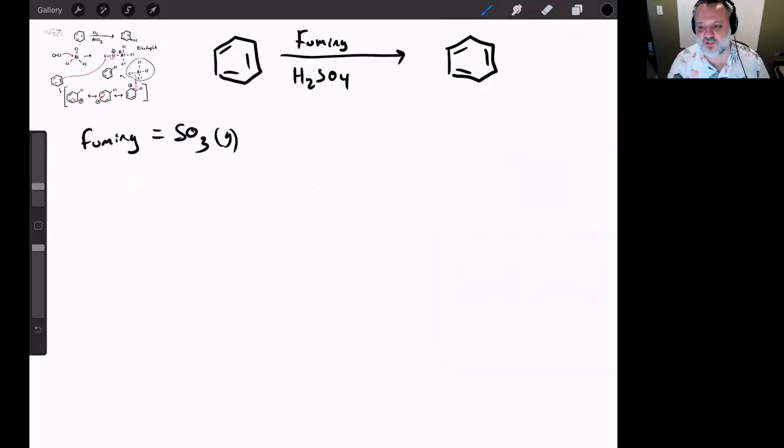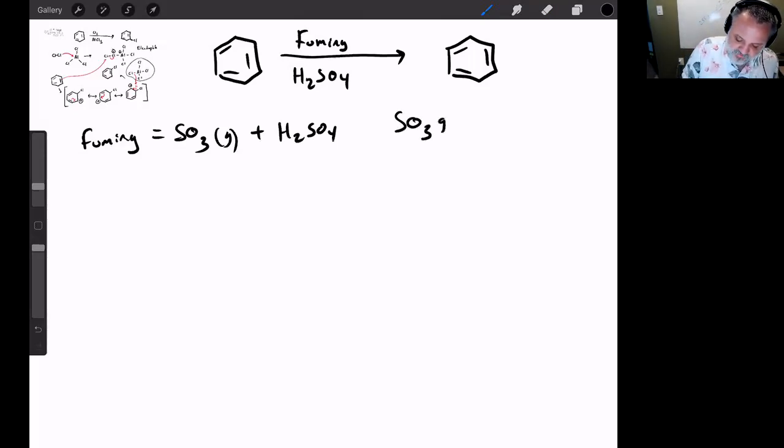That's what's actually fuming off of the concentrated H2SO4 solution. So it's this plus that in the solution at the same time. SO3 itself is the electrophile. This is a powerful electrophile.